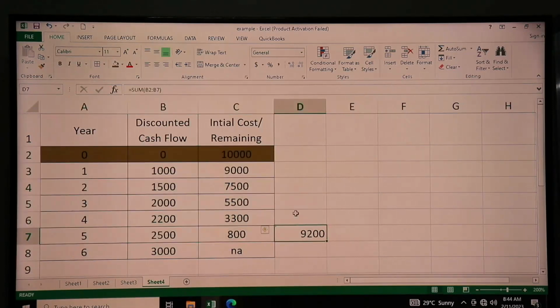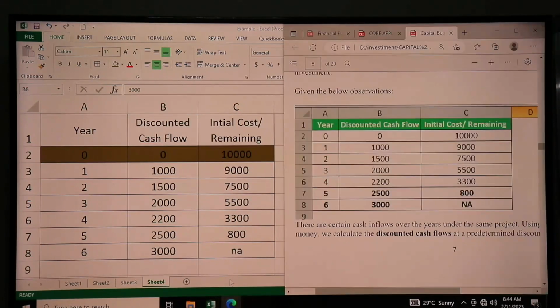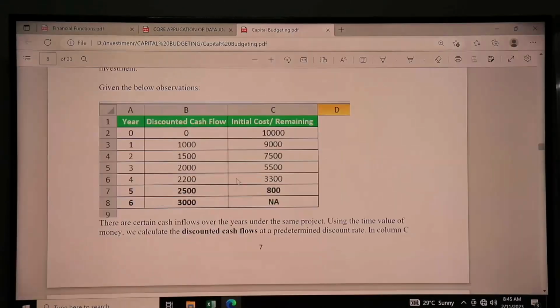By this time, the project has already paid and it is only remaining with this amount. So if you add this further, the project has already paid and exceeded. So that is another way of confirming whether it is worth investing in a project or not.